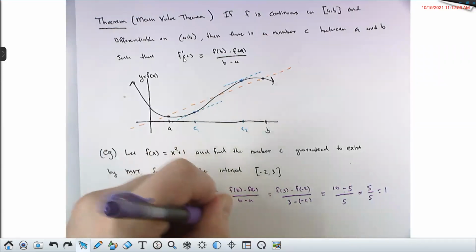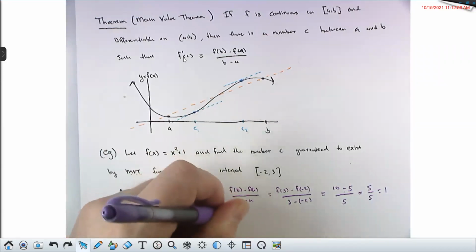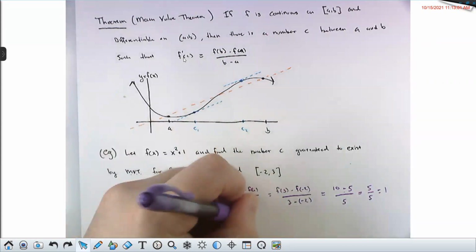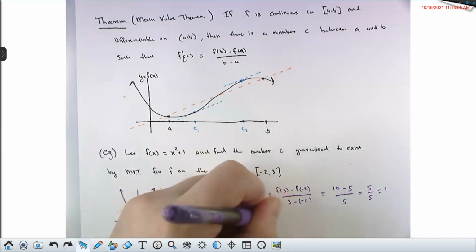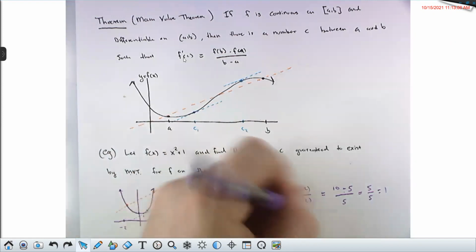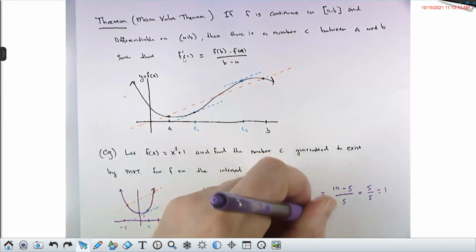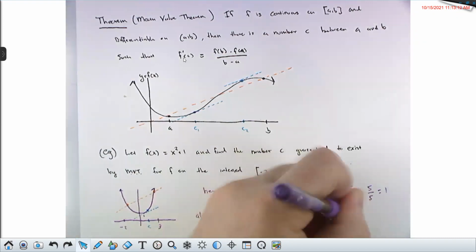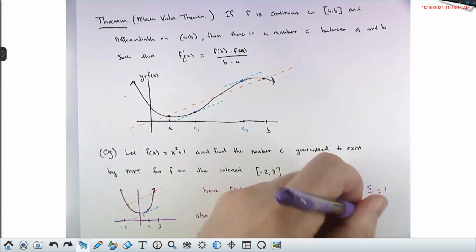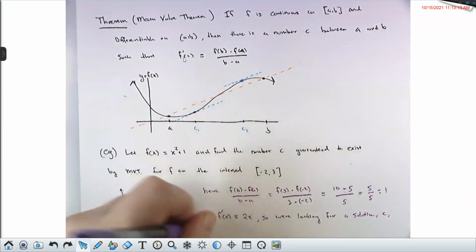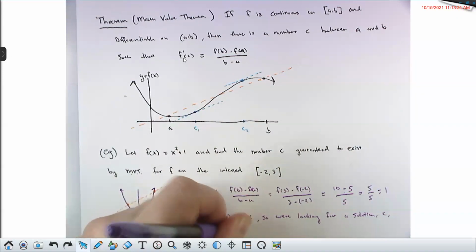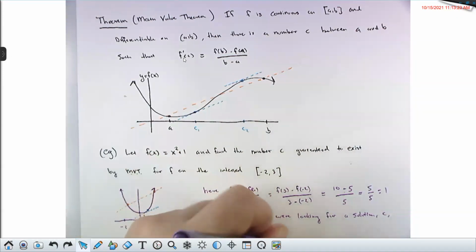Also, f prime of x, the derivative of x squared plus 1, is 2x. So we're looking for a solution c to the equation 2x equals 1, right?